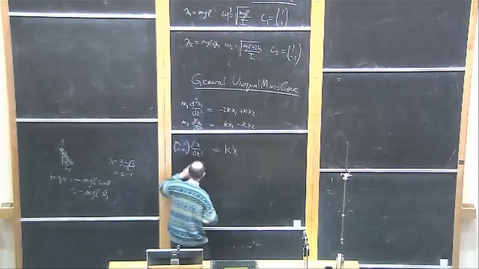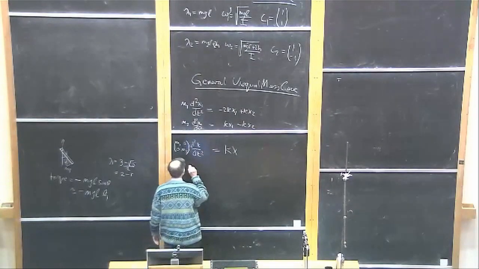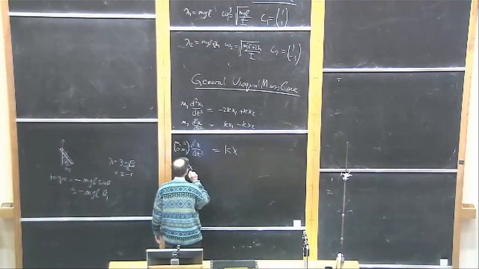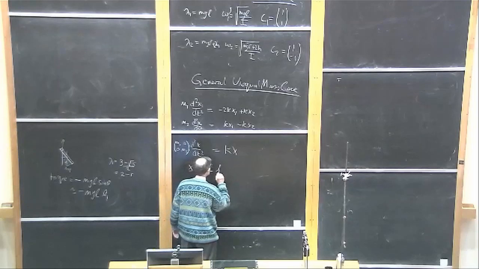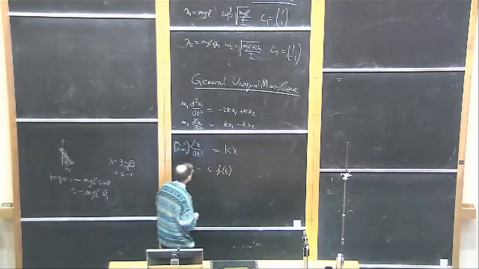However, let's now substitute our general normal mode solution. x is C f of t.